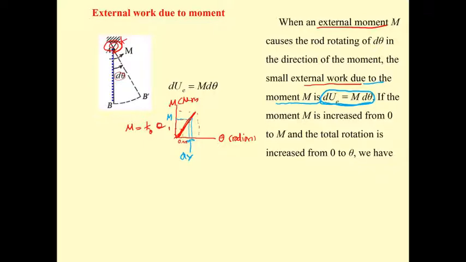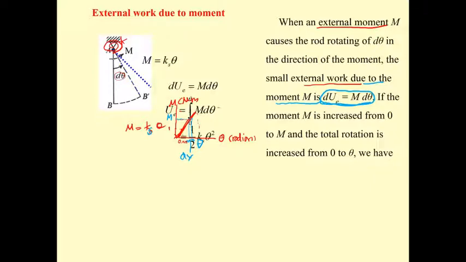If M is increased from 0 to M, and this is from 0 to theta, then you will have U sub e equal to the integral of M dθ, and M equals k sub s theta. You just put that into this.